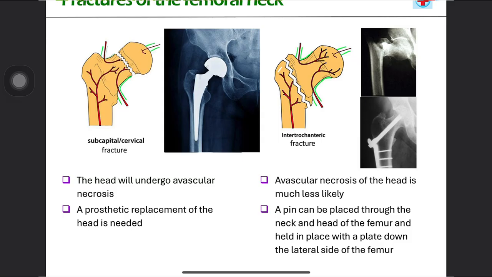They are still in good hands, just out of shape. So for this one, they will probably pin a lot of pins through the head and neck of the femur, and put plates down the lateral side of the femur to hold it in place so it can heal on its own. No need to do the total hip replacement.